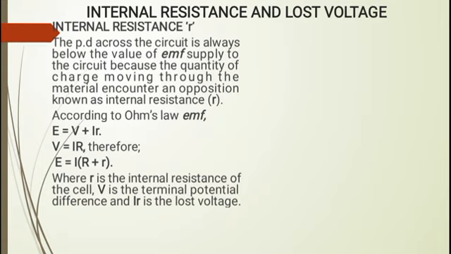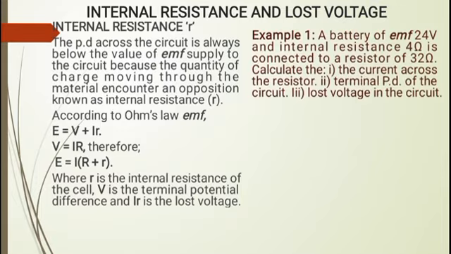And I is the current flowing through this circuit. And the capital V is the terminal potential difference, that is the voltage across the load or across the terminals of the circuit. Now, let's quickly see a question related to this relationship.